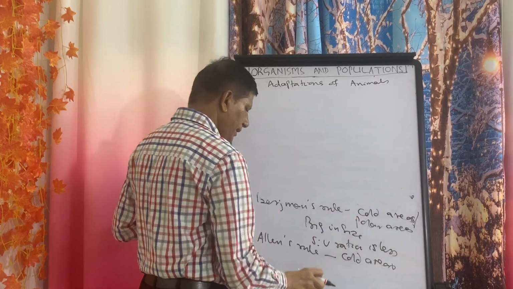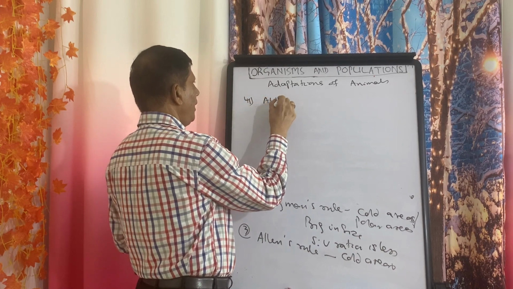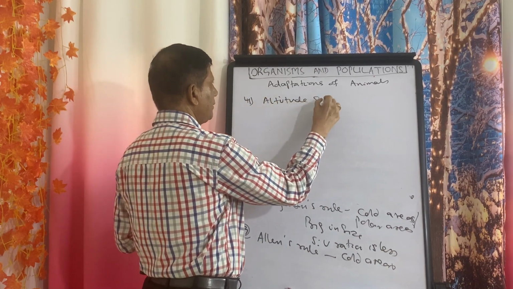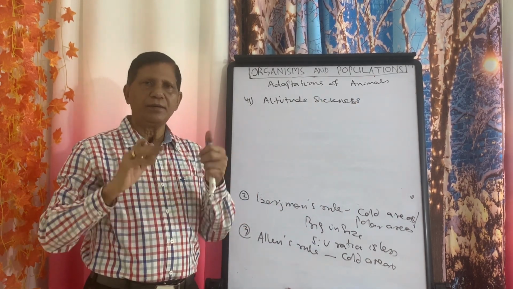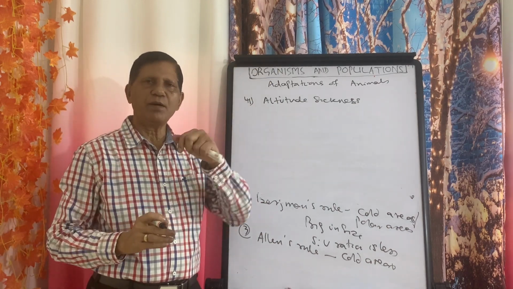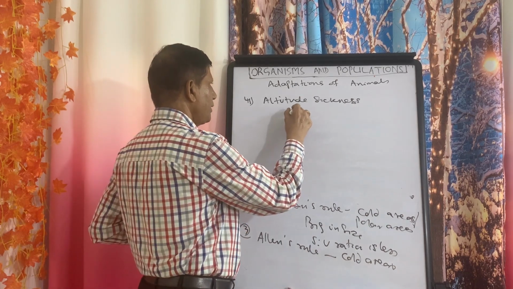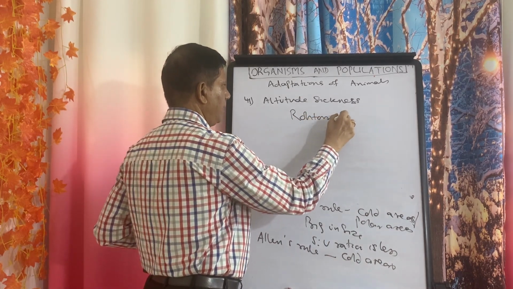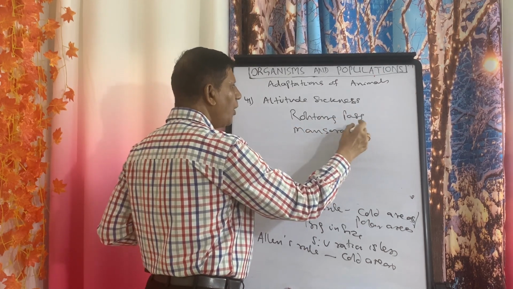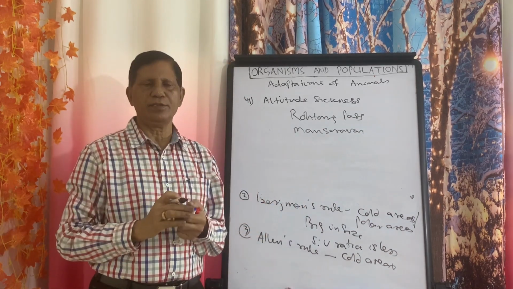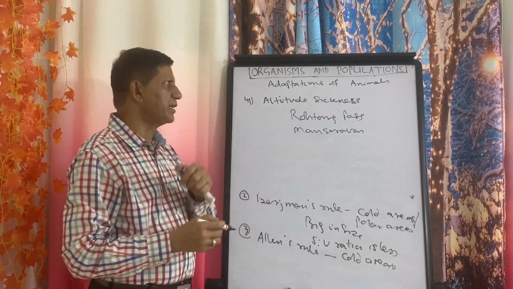Then let us discuss the fourth example: altitude sickness. If you have gone to any mountain area above 3,500 meters above sea level, like Rohtang Pass, or Mansarovar, or any other high mountains, then you will suffer a sickness known as altitude sickness.